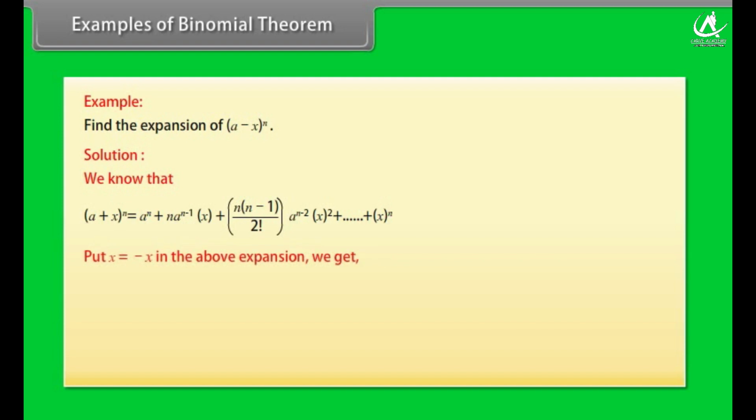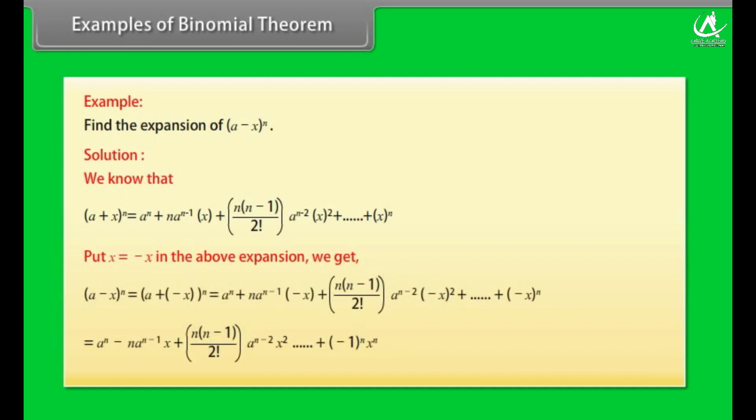Put x = -x in the above expansion. We get a^n - n a^(n-1) x + n(n-1)/2! a^(n-2) x^2 and so on up to (-1)^n x^n.